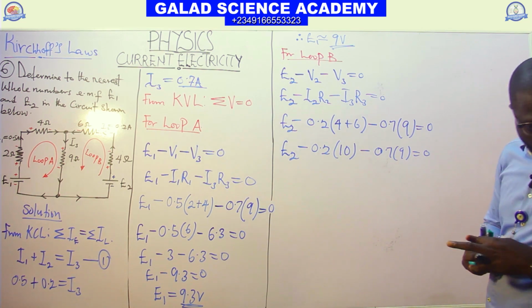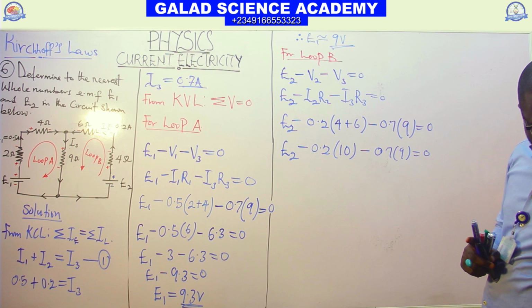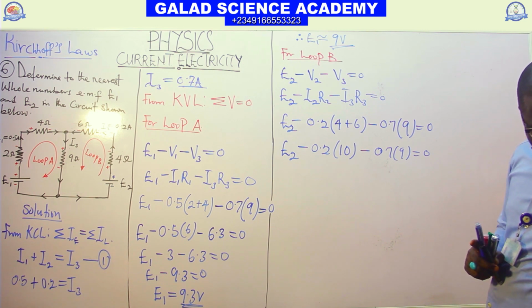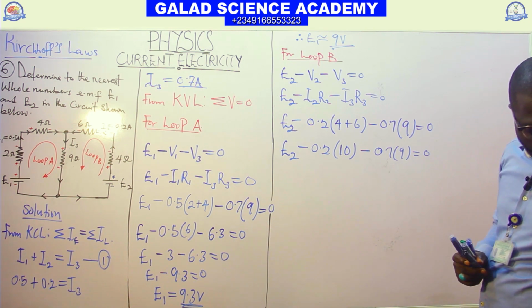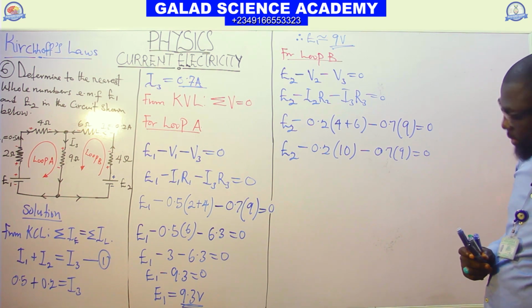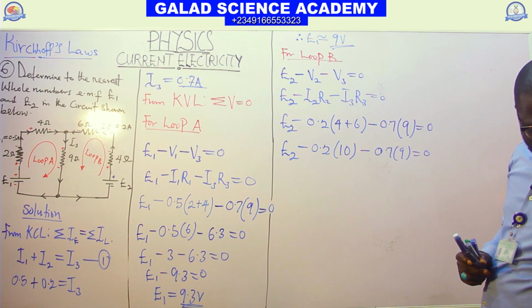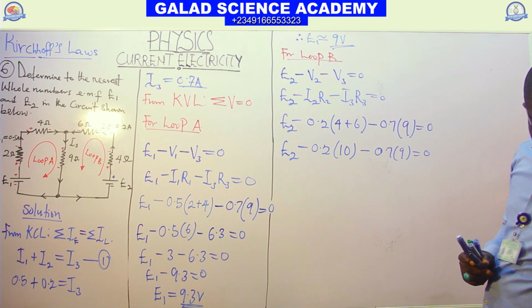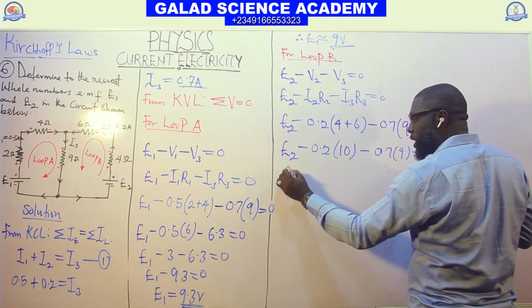So let me press the calculator. 0.2 multiplied by 10 is 2. 0.7 multiplied by 9 is 6.3.